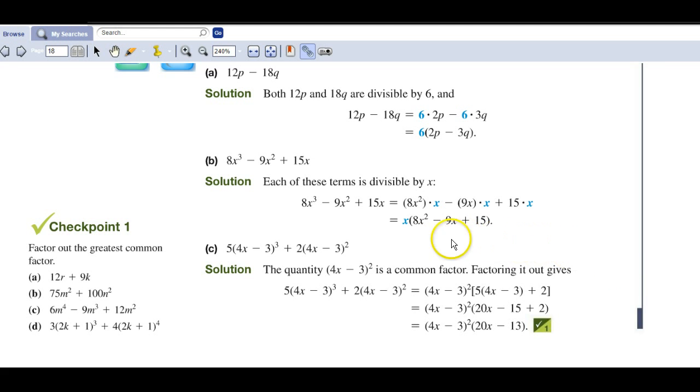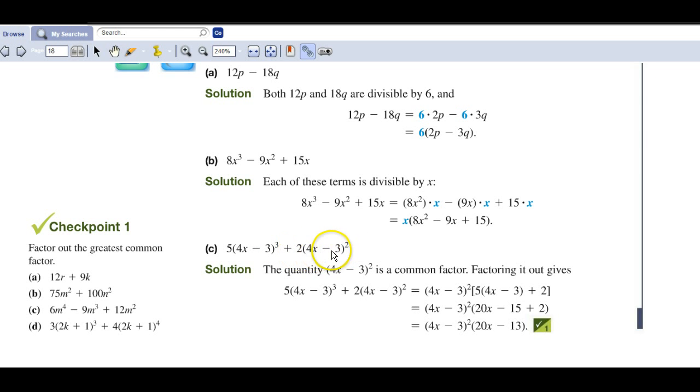Now, when we see something like this, what is the greatest common factor there? Notice this one is to the third, and this one is to the second.